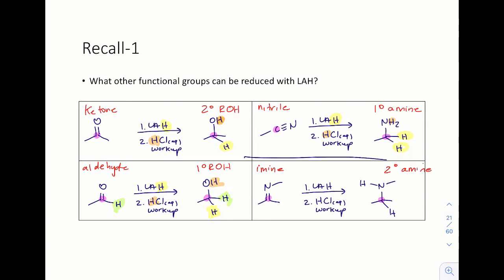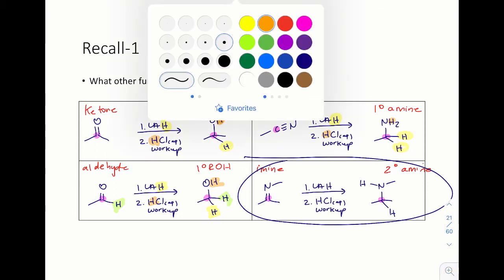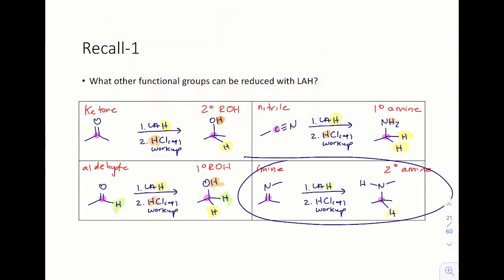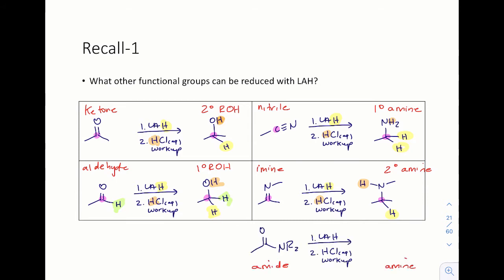Finally, amides are converted to amines in the presence of lithium aluminum hydride, followed by an acidic workup. Lithium aluminum hydride adds hydride to the amide carbon, the carbonyl carbon, and the aqueous workup protonates nitrogen. Wonderful. And we'll add one more here that I'll just show you right now. Amides are converted to amines under these conditions.